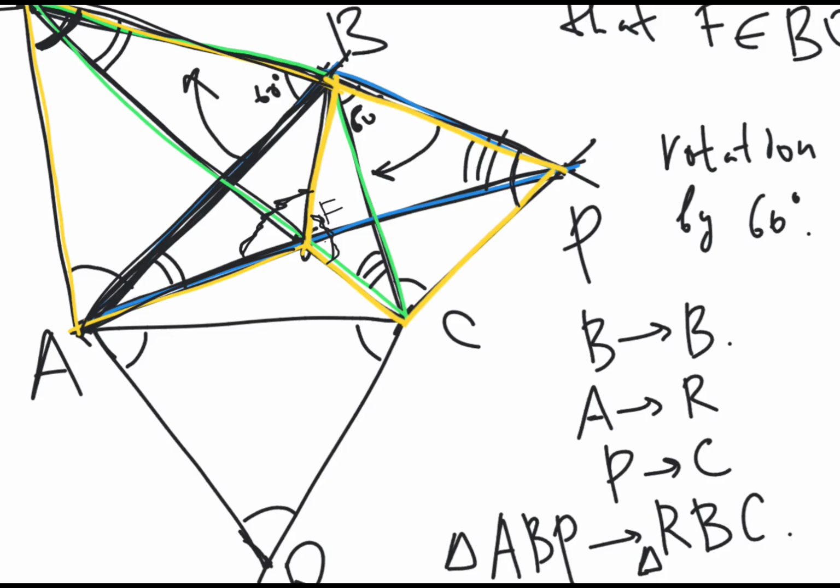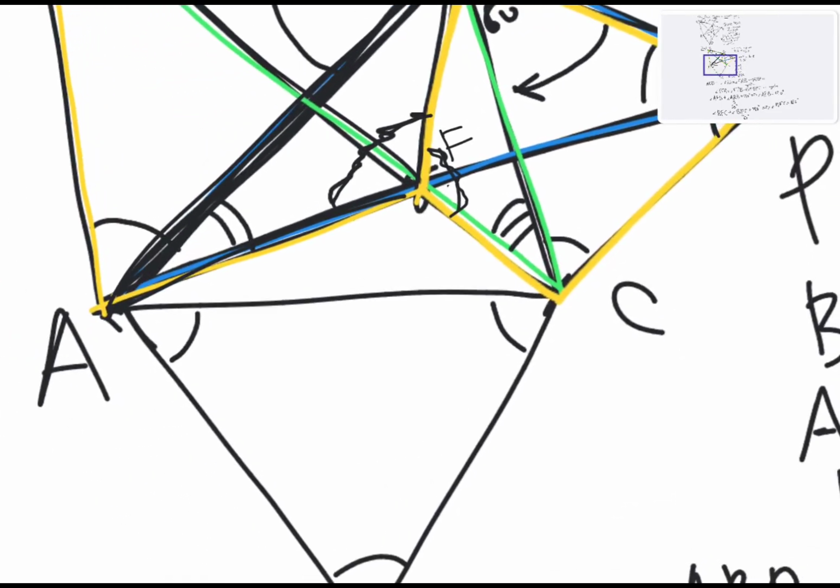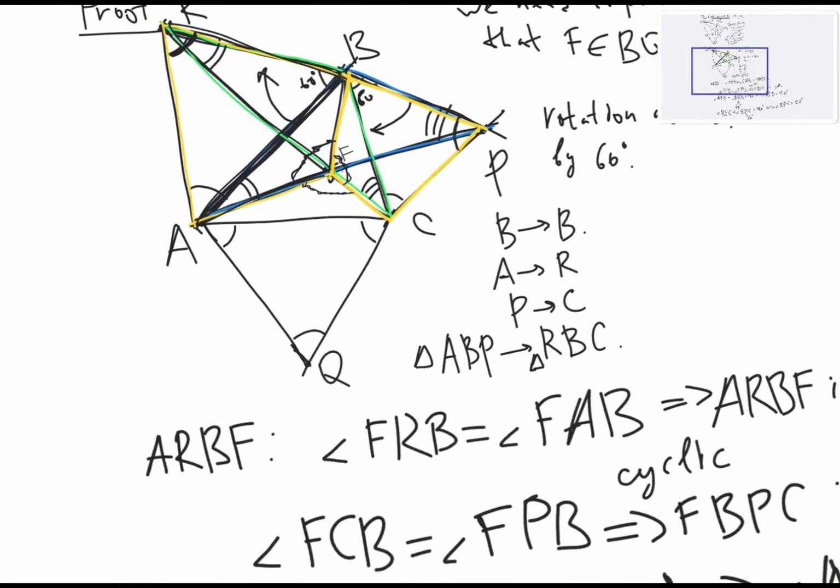So it implies that the third angle, like this angle, is also 120 degrees, right? Because we calculated it as 360, the full angle, minus these two.